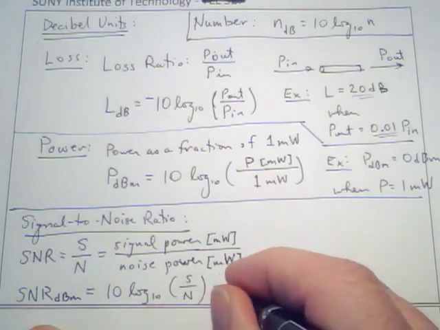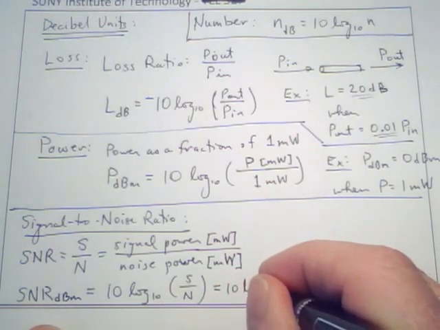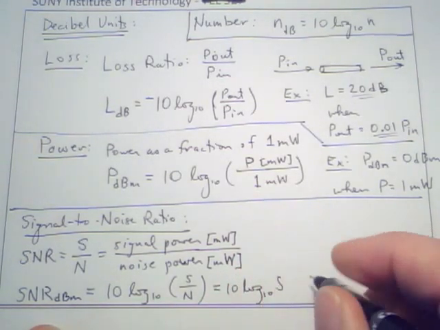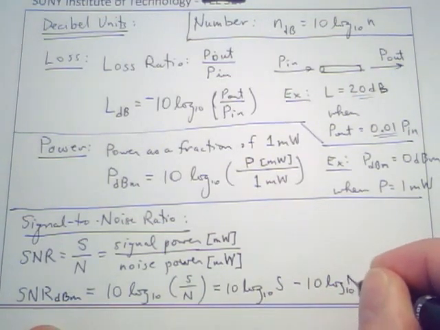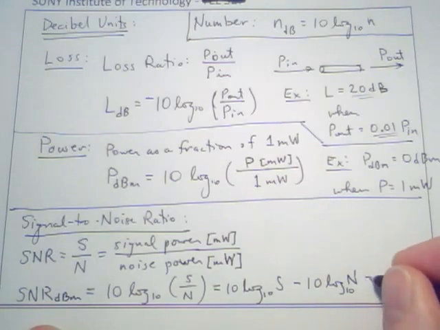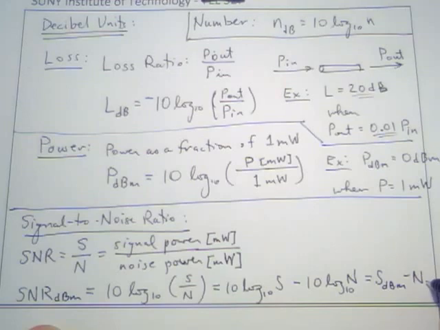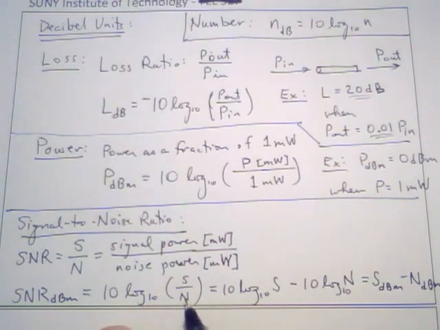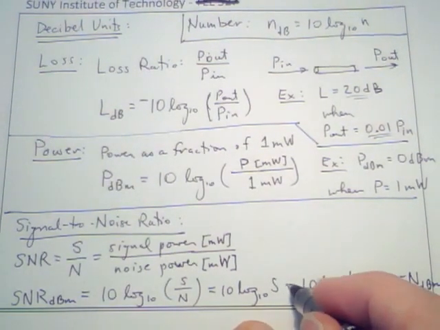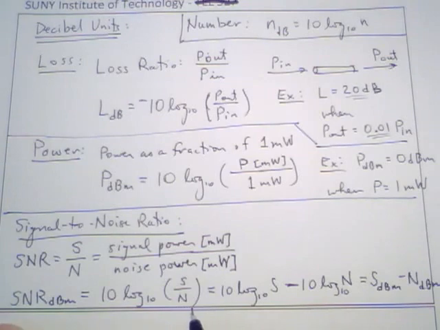But by the laws of exponents, this is 10 log 10 of the signal power minus 10 log 10 of the noise power, which is really just the signal in dBm minus the noise in dBm. Because the log of a ratio is the difference of the logs, the signal to noise ratio in dB just becomes the difference of the two values in dBm.